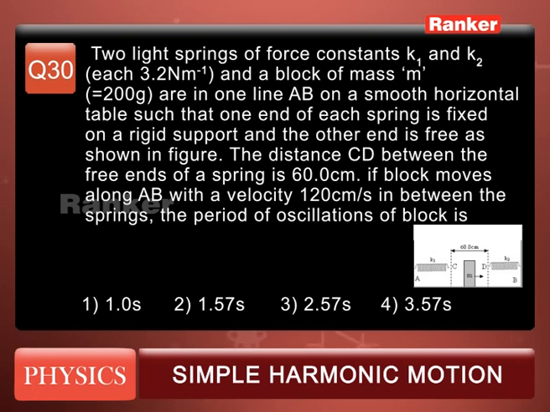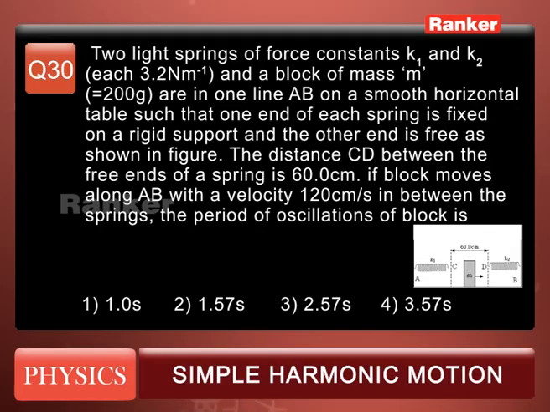The distance CD between the free ends of the springs is 60 centimeter. If the block moves along AB with a velocity 120 centimeter per second in between the springs, find the period of oscillation of the block. The first option 1 second, second option 1.57 second, third option 2.57 second, and the fourth option 3.57 second.